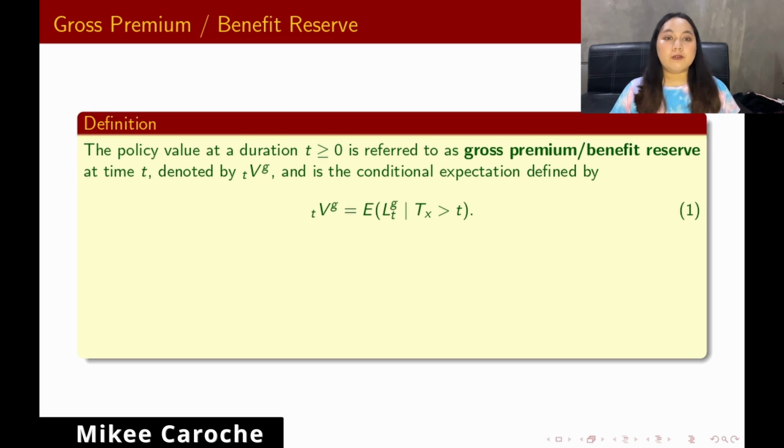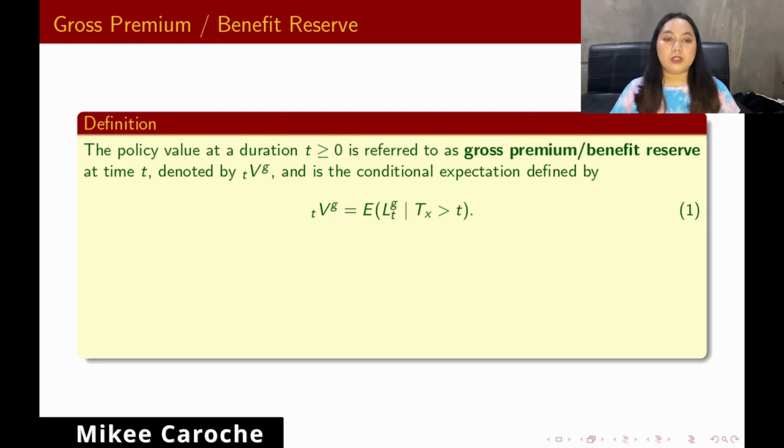Now, the reserve at time t is the expected value of this future loss given that the insured is still alive. We express this as this equation. So, the gross reserve at time t equals the expected value of the gross future loss at time t given that the insured is still alive at time t.